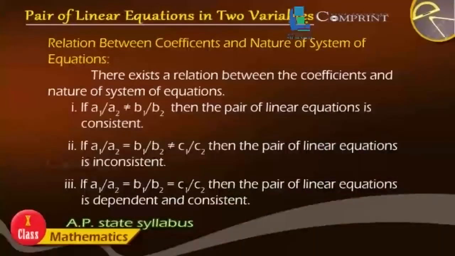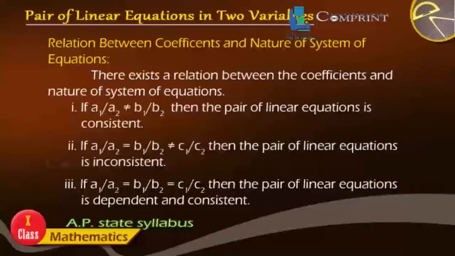Relation between coefficients and nature of system of equations. There exists a relation between coefficients and nature of system of equations. 1. If a1/a2 ≠ b1/b2, then the pair of linear equations is consistent. 2.